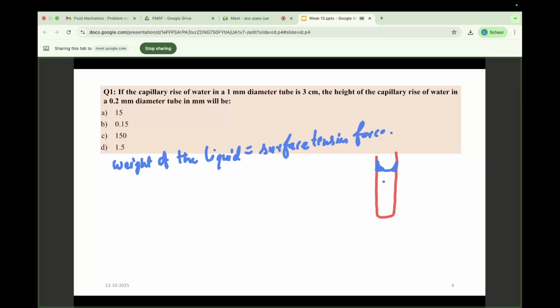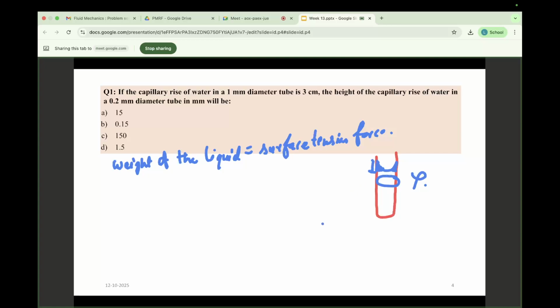What basically is the weight of the liquid? Weight of the liquid is mass into gravity. What is the mass here? That will be rho into volume. For the volume we need the area into the capillary height.